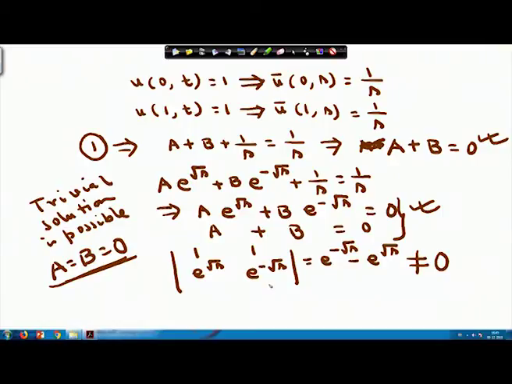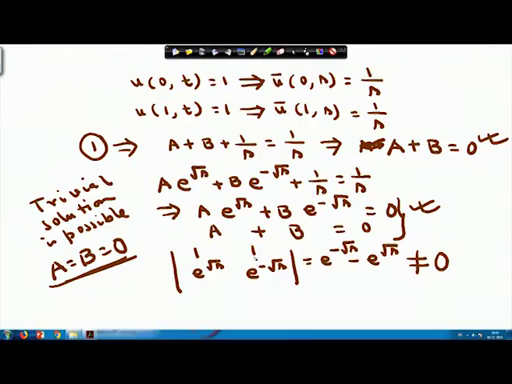Since the determinant of the coefficients is non-zero, the non-trivial solution is not possible, only the trivial solution is possible, and the trivial solution is always a equals 0 and b equals 0.